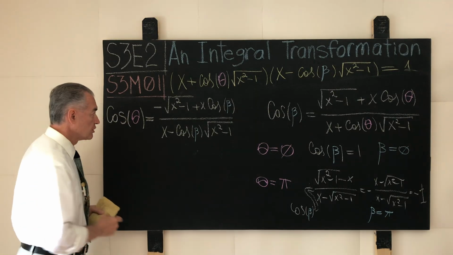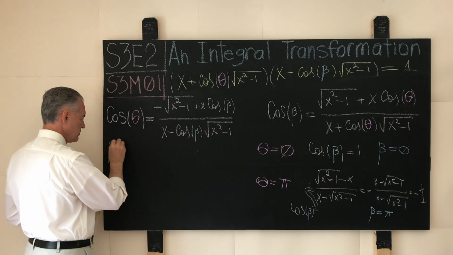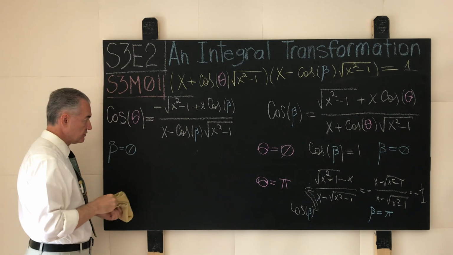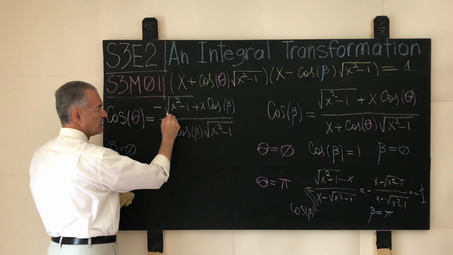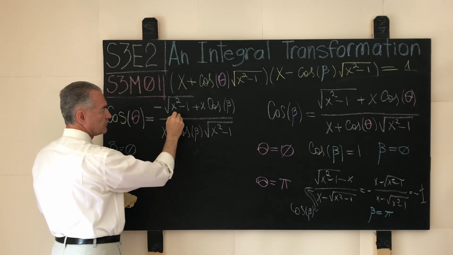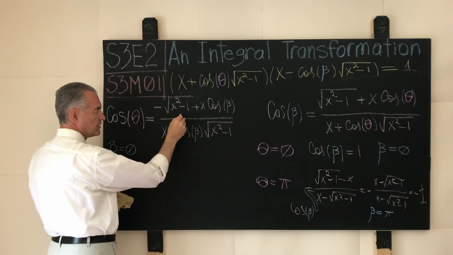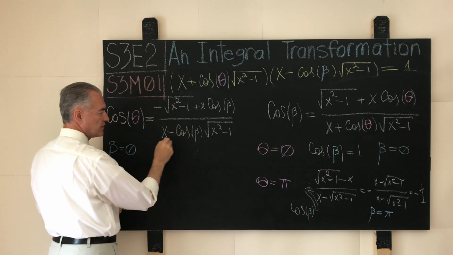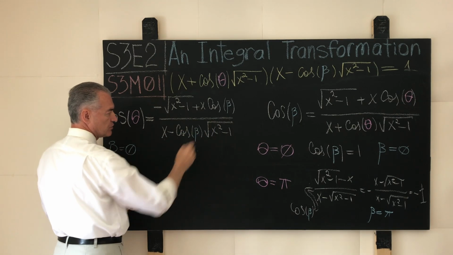And conversely, according to the formula shown over here, if the value of the angle beta is equal to 0, what will we have for the value of the cosine evaluated at the angle theta? Negative square root of x squared minus 1 plus x in the numerator. In the denominator, we will have, since cosine of 0 is 1, again x minus square root of x squared minus 1.